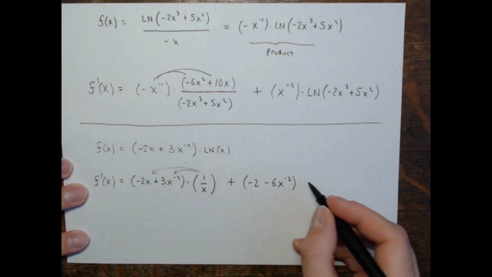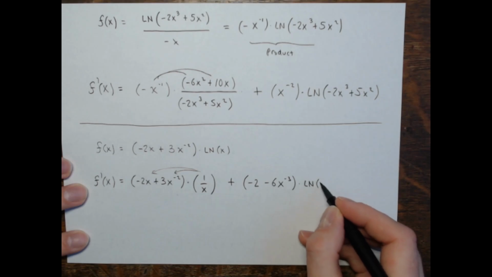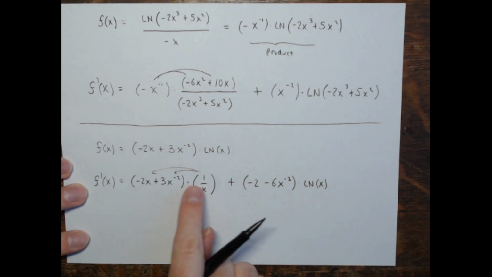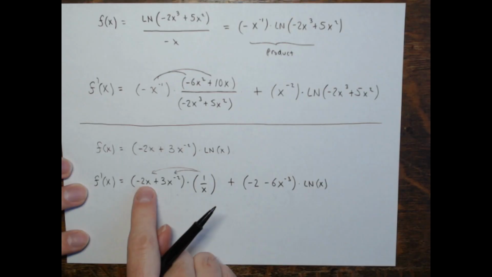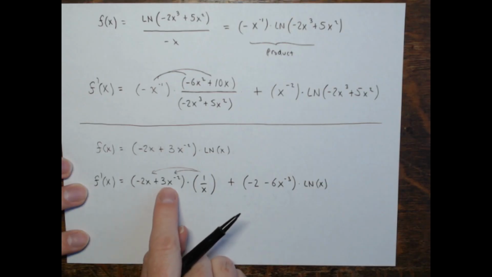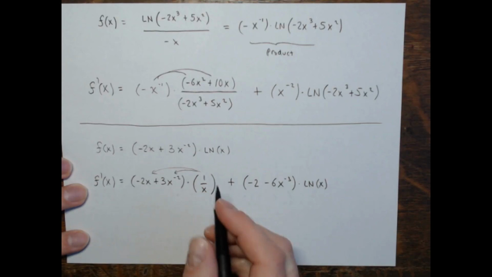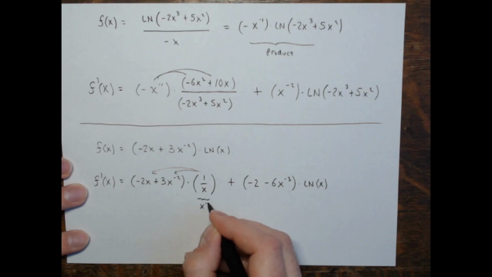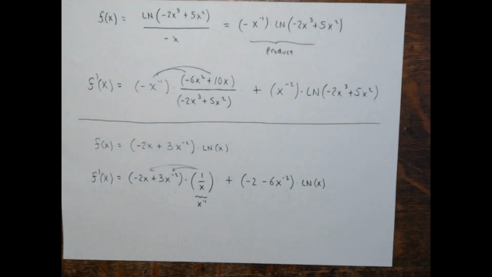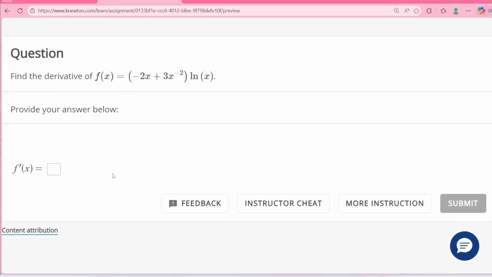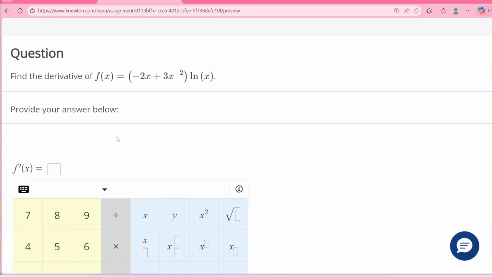And then times, leave the natural log, the second factor, the way it was. So again, I'm going to distribute this and make this -2 plus 3x to the -3, because again, this is the same thing as x to the -1 here. So all right, so the first term is just -2 plus 3 times x to the -3, right?